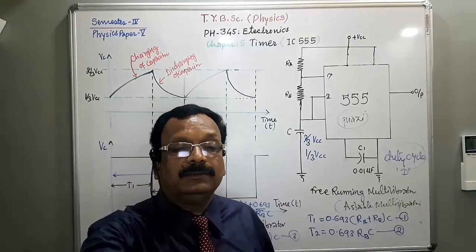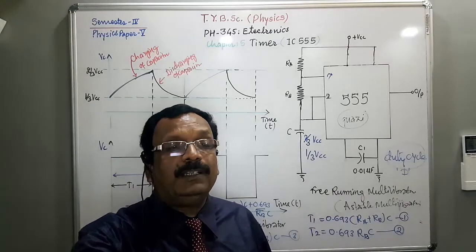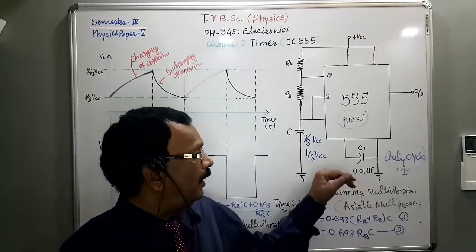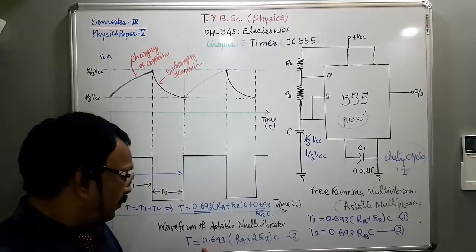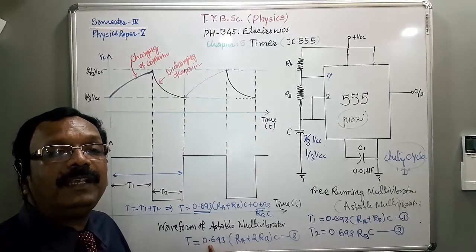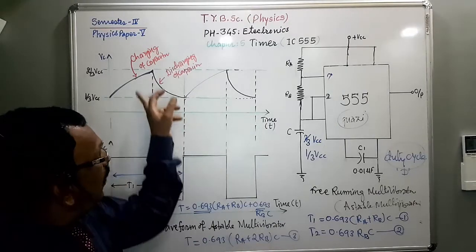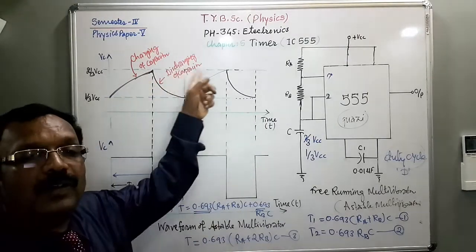Before that, when we have the time T, from this time T we can calculate the frequency of oscillation, that is, going up and down.